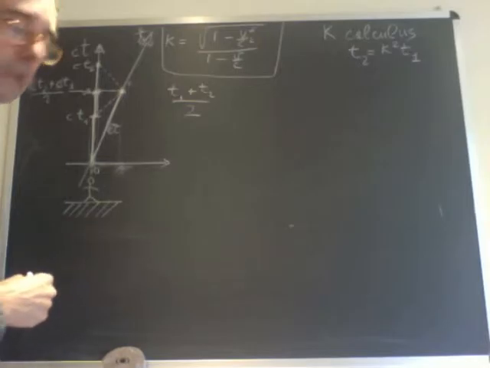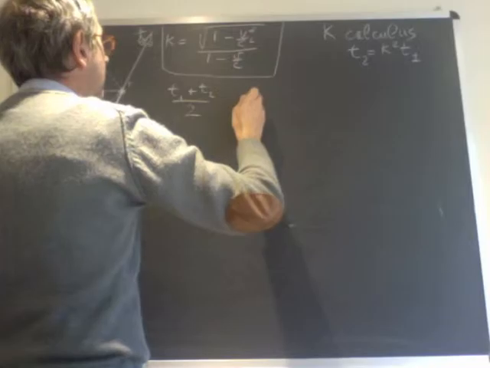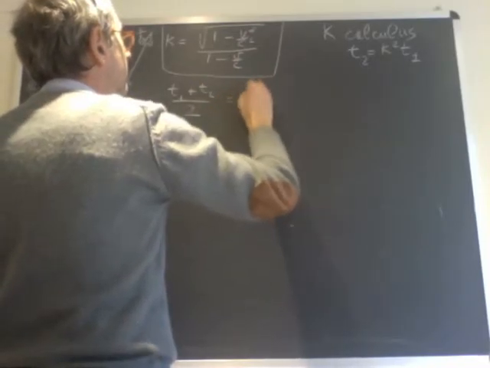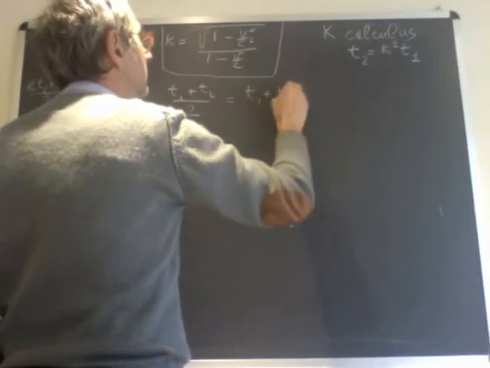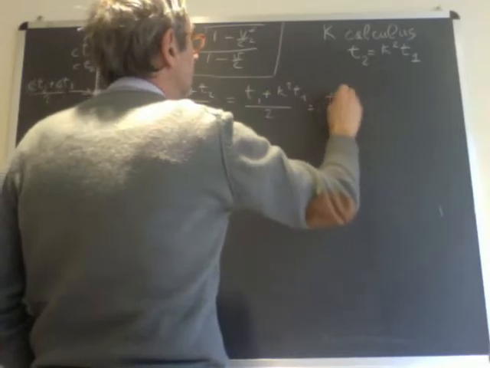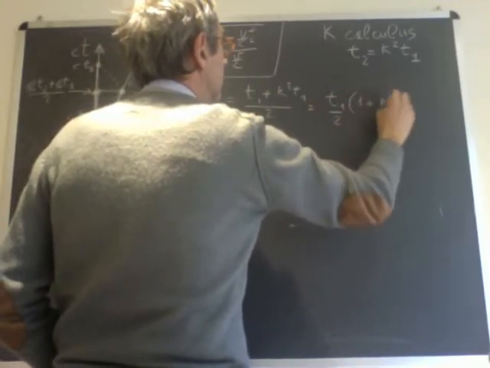Now, using this relationship here, I can say that this time is equal to t1 plus k squared t1 over 2, which is t1 over 2 times 1 plus k squared.